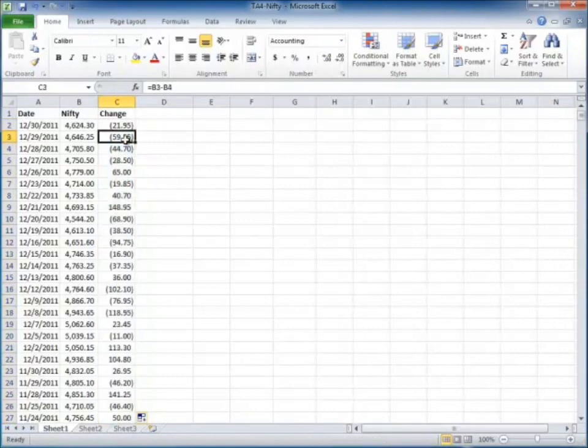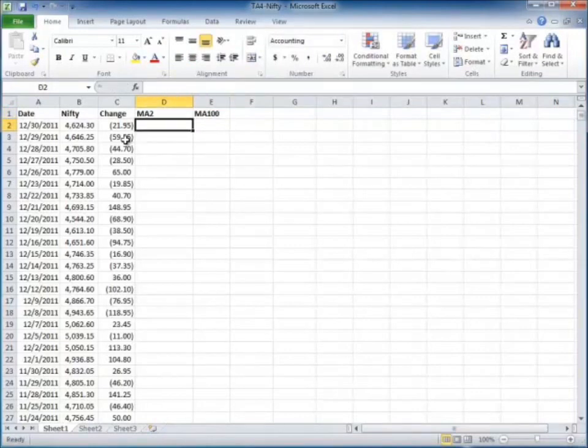Now the next thing I want to do is calculate the moving averages of the Nifty index. So in this column I'm going to call it MA2, 2-day moving average, and I'm going to say MA100, 100-day moving average.